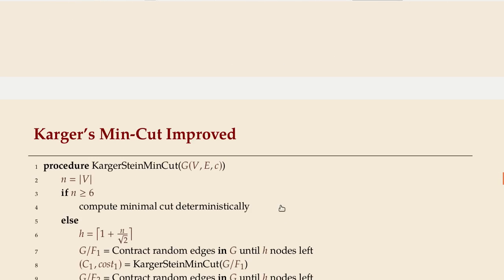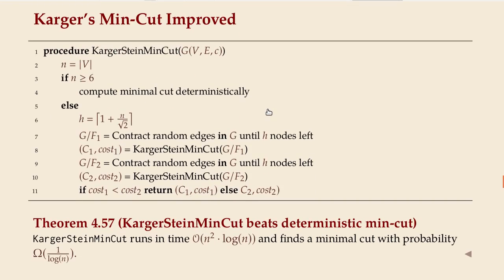And if you work that out, you find, so Karger here was joined by Stein for this improved algorithm, you find this recursive algorithm. For small graphs, you just compute deterministically what the min cut is, but this is simple because it's just for very small graphs.